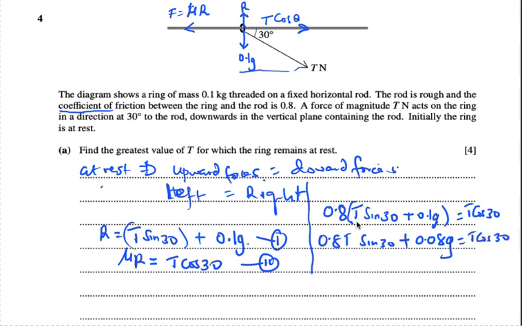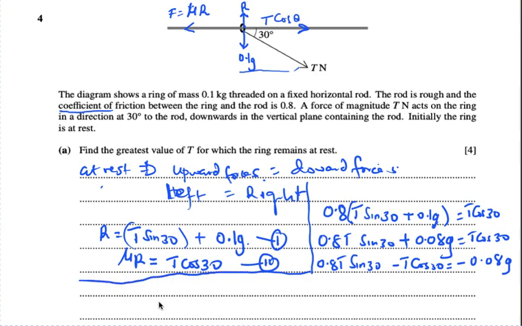Now we take all the T's to one side of the equal sign. So we have 0.8 T sine 30 minus T cos 30 is equal to minus 0.08g.